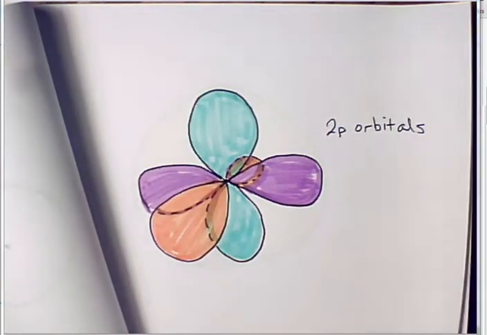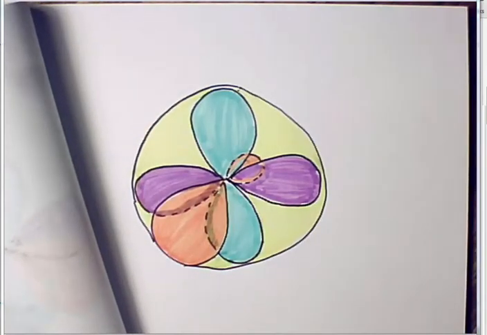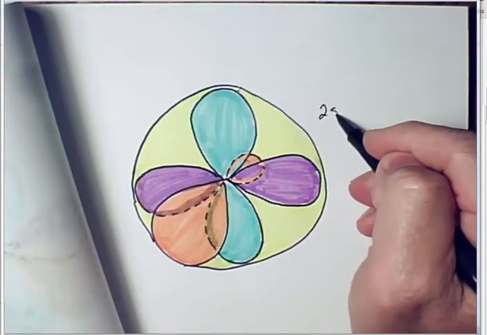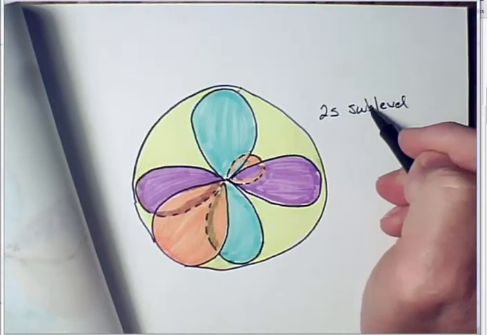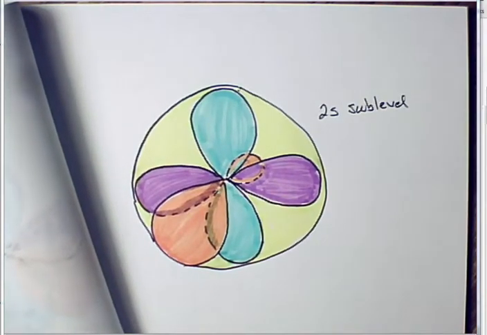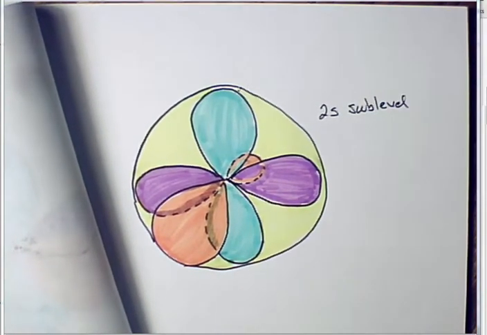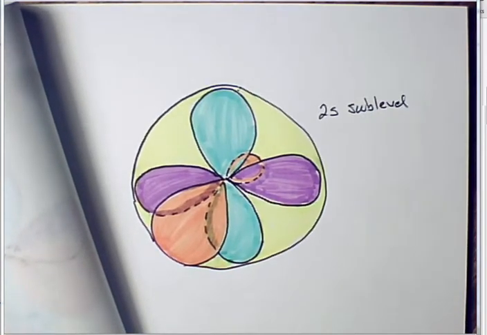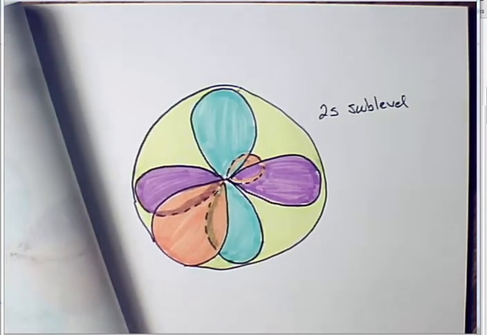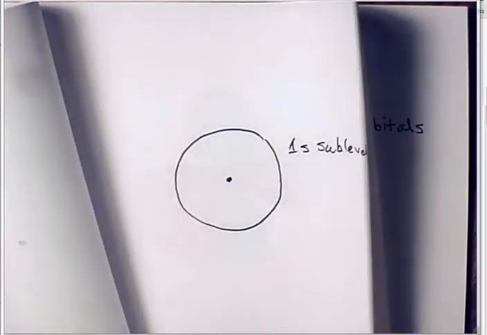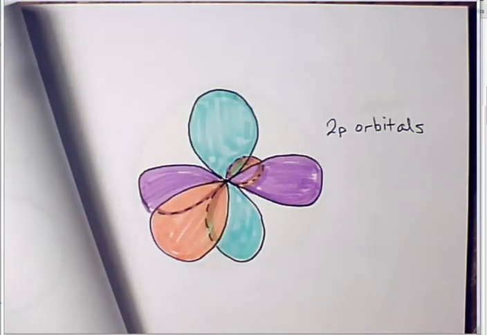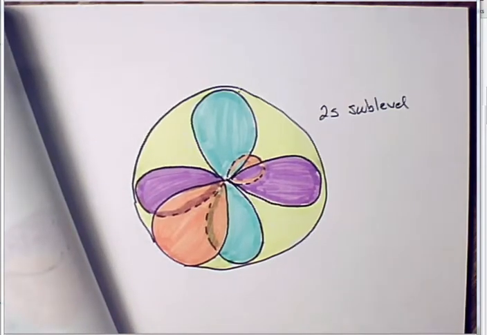And then around 2p is the 2s sublevel. Now that doesn't mean we fill 2p before 2s. It means that we just encounter that first. So: nucleus, 1s sublevel, 2p orbitals, 2s sublevel.